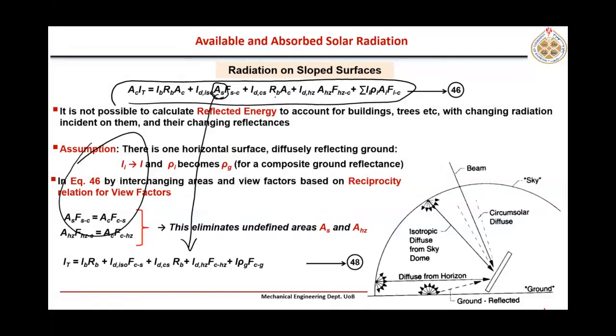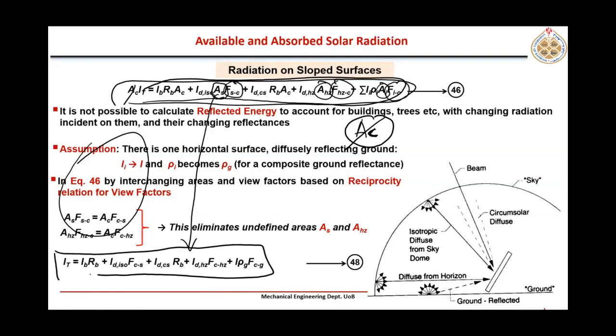We have replaced the sky area or horizon area or the ith surface area with collector area. This is changed, this is changed, this is changed: collector to horizon, collector to sky, or collector to surface. Now throughout this equation we have one collector area. This will be cancelled with this collector area. So here is that equation.